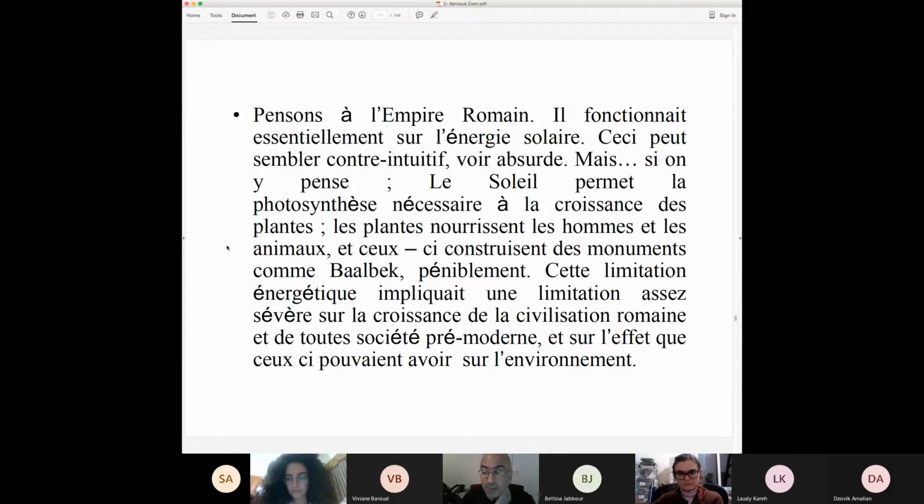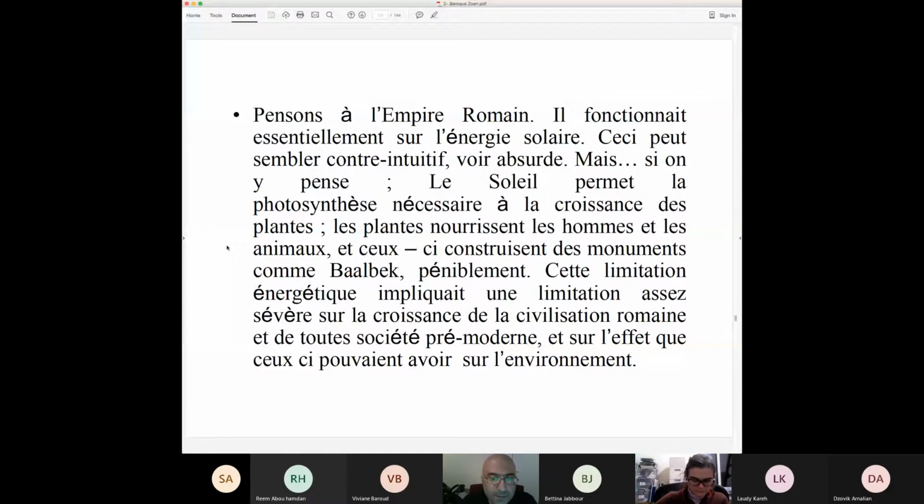Monuments such as Baalbek, monuments such as the Pantheon, the fort of Jbel, the fort of Byblos. And this, of course, is scraped from agriculture. This excess energy is scraped from agriculture.